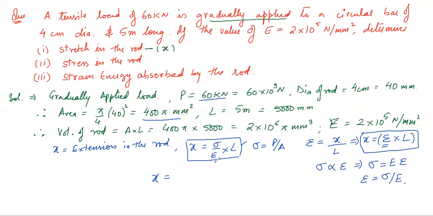The value of sigma, that is P by A, can be written as 60,000 upon area, that is 400 pi, into the value of E, 2 into 10 to the power 5, and the length is 5000. All units are in millimeter, and this equation gives 1.19 mm.